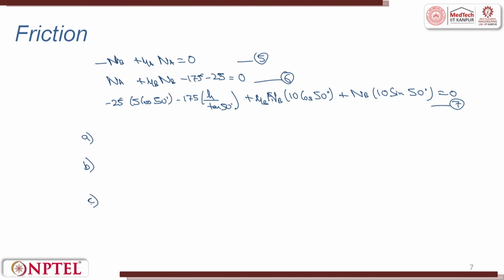For the first case, I get Na equal to 183.49 pounds and Nb equal to 55.05 pounds.